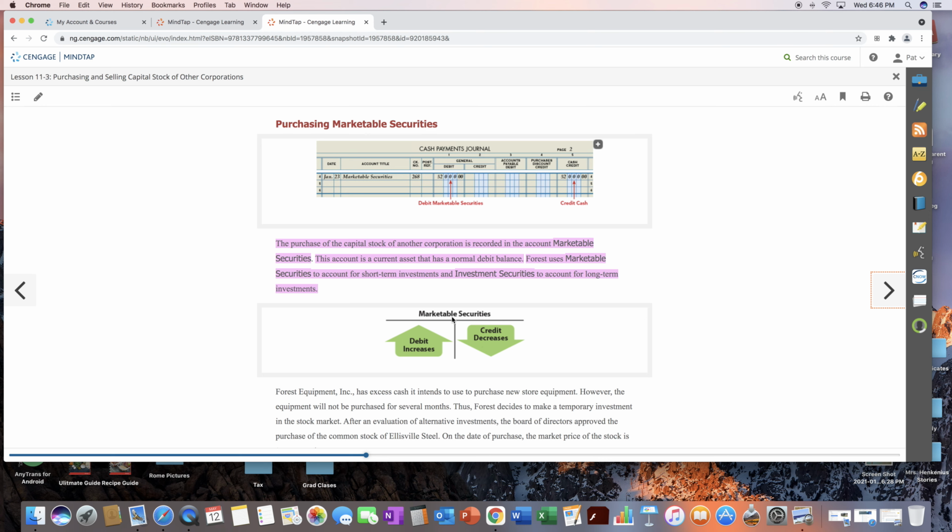But marketable securities, when we decide to take this extra money and purchase capital stock from another corporation, we will debit marketable securities, as you can see here. If we were doing a long-term investment where they told us in the instructions it was going to be over a year or more, then we would do investment securities as our long-term investment.